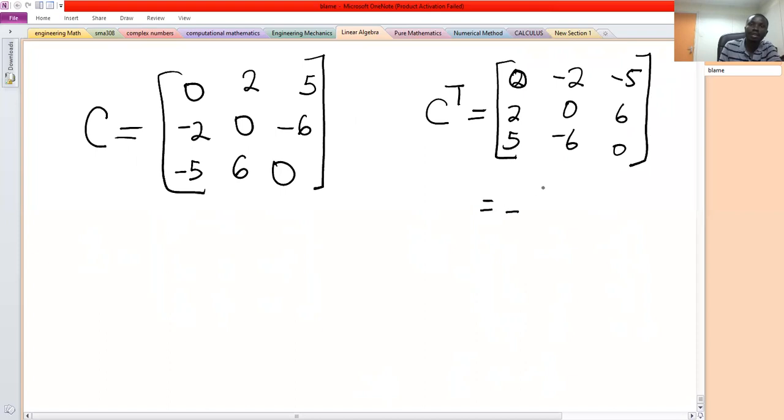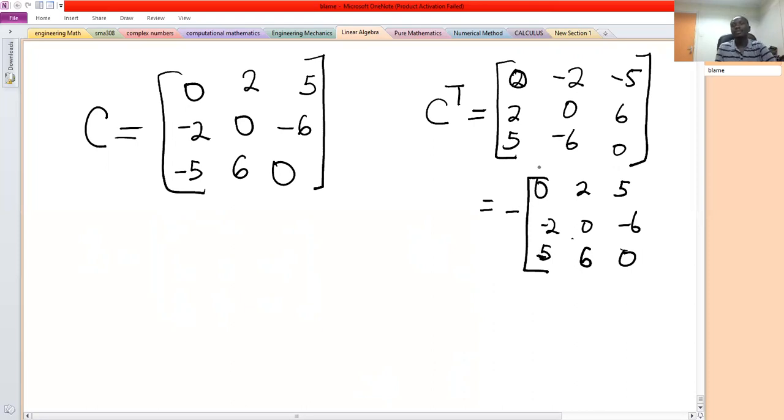And you can factor out -1, and so the same as 0, 2, 5, minus 2, 0, minus 6, 5, 6, and then here we have 0. So we need to have a negative here, so that -1 times -5 gives us +5.